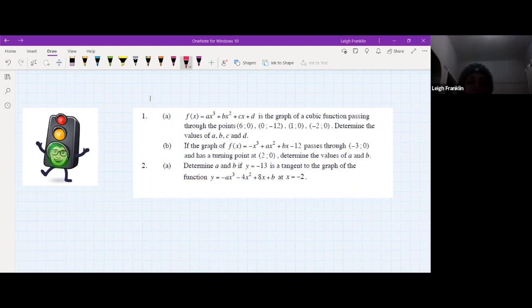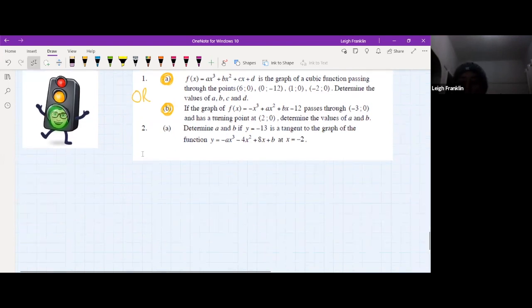So either we would have to do 1A or we would have to do 1B. 2A brings in a tangent, but hopefully we'll be able to talk about that next time. So let's see if we can work out either A or B in the time that's left over. And then obviously I will give you the answers for both. So do either A or B. Nelisa and I will give you a bit of quiet time. We'll mark that and then we can finish off.